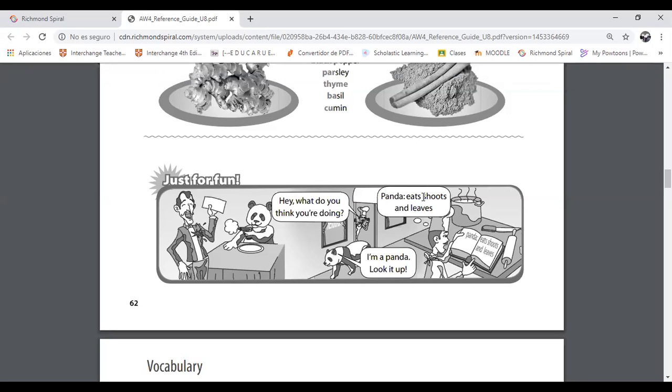I understand. Do you understand? The first thing, eats. Then shoots. And then he leaves. Very funny.